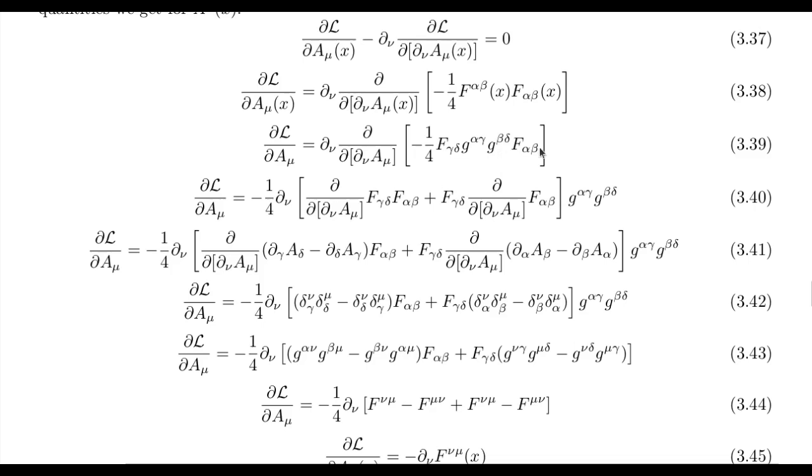And so we have in the brackets a product of two F tensors, and in the first addend we differentiate F gamma delta, and in the second term we differentiate F alpha beta. Then we substitute for F this with the gauge field A, and in the other term the same, but for the other F tensor.